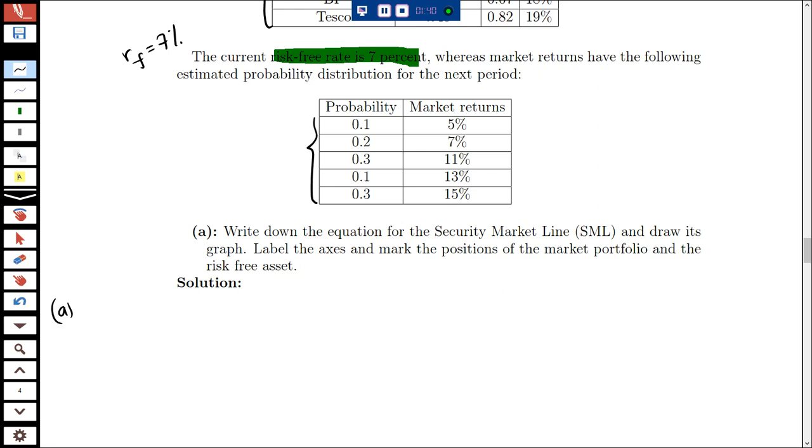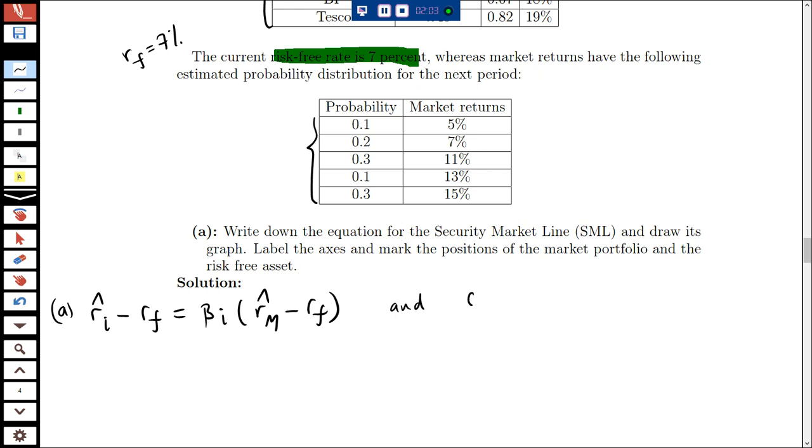So the security market line, we know this is the following. Okay, so it's the line defined by this equation. There's another equation. I'm not sure if we're going to need it.